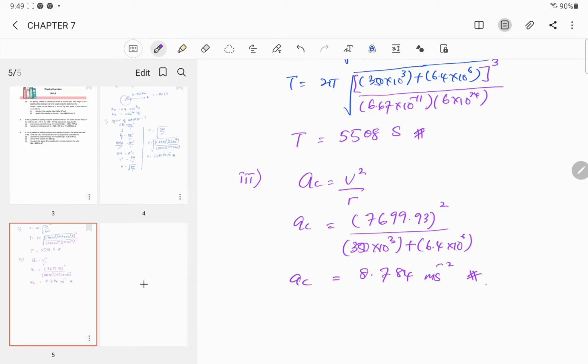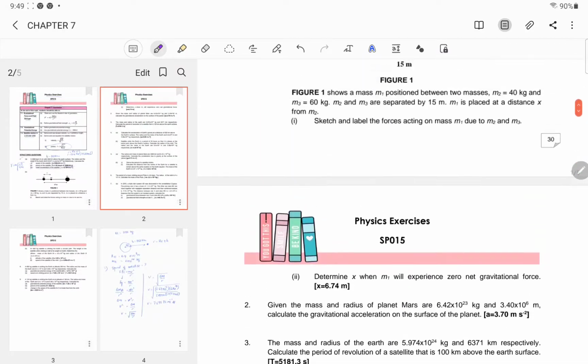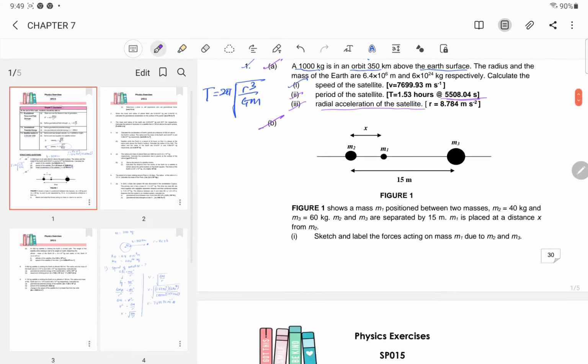Okay, so that settles the first question, part A is done. Now part B. What does part B say? The figure shows a mass M1 positioned between two masses. M2 is 40 kg and M3 is 60 kg.